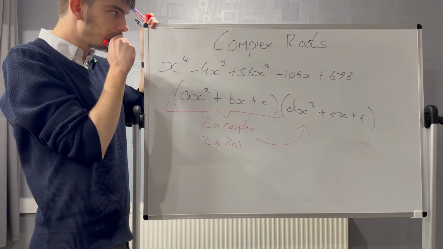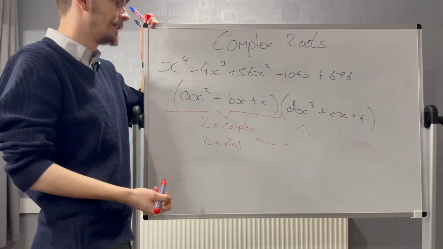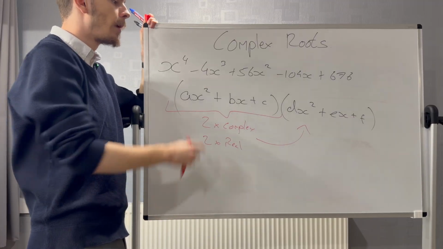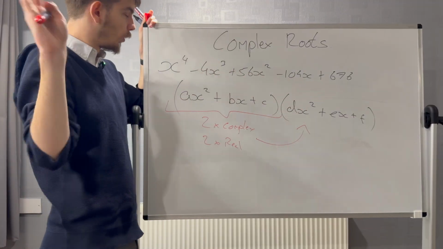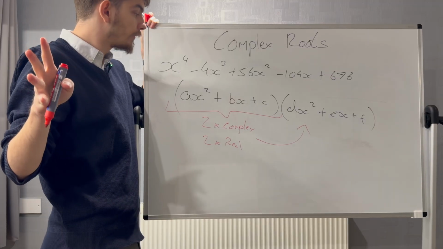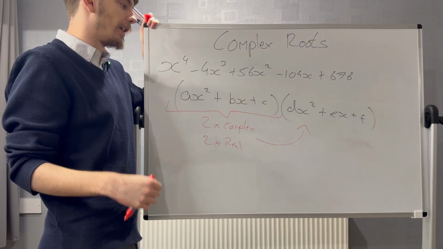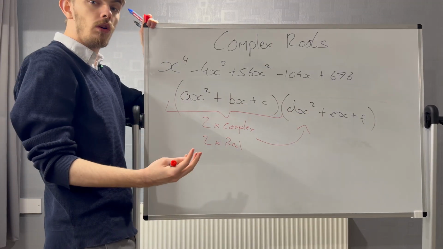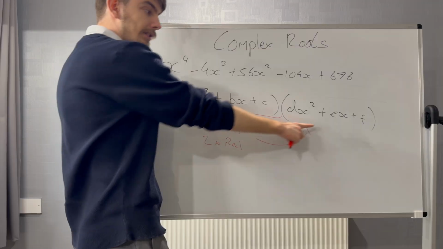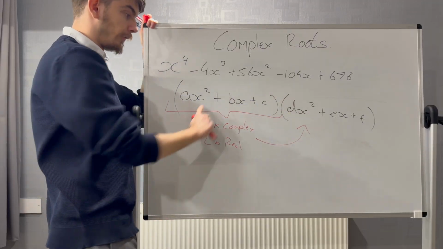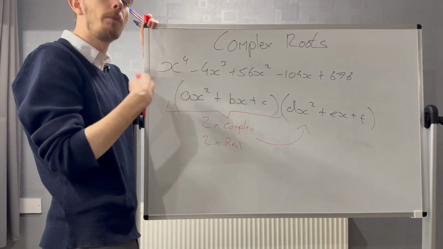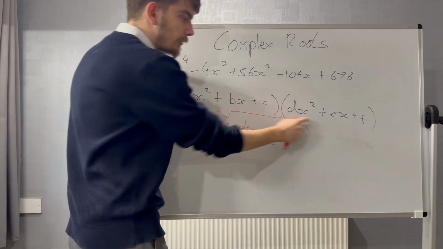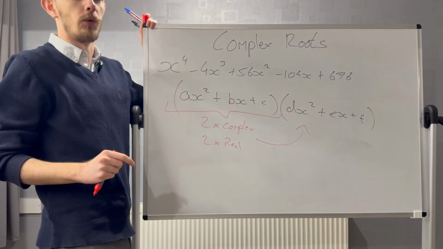So, with a quartic equation, I can either have 4 real values, what we're used to, we're happy with that, plot it on a graph, or I could have 2 complex and 2 real, or I could have 2 complex and 2 complex. So 4 complex total. There's a couple of options, because it all boils down to these 2 quadratic equations.